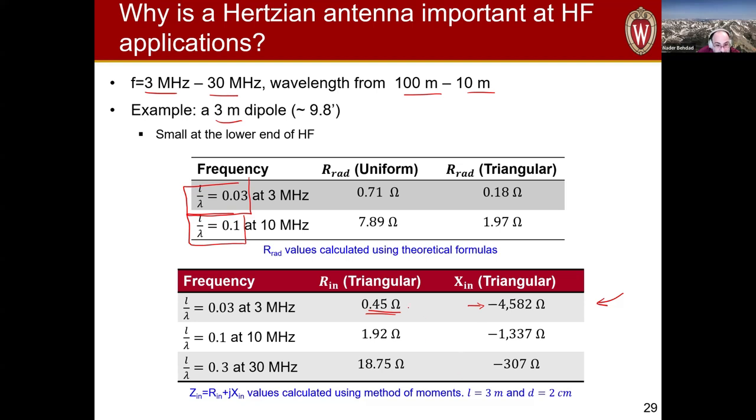As frequency goes up, the real part goes up and the imaginary part goes down, so the quality factor of this antenna improves. But if you're working at frequencies below 10 megahertz or so with an antenna this small, this is a pretty good example of an electrically small antenna.